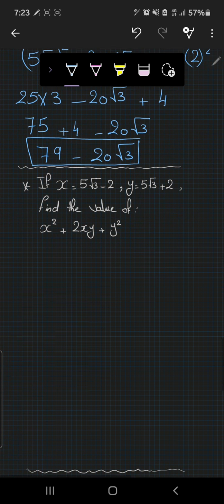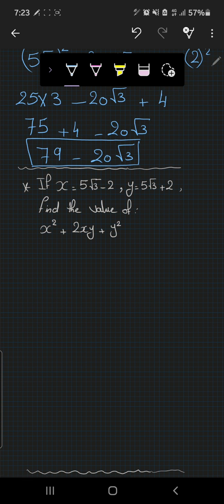Okay, if x equals 5 root 3 minus 2, y equals 5 root 3 plus 2, find the value of x power 2 plus 2xy plus y power 2. What did you notice? x power 2, first power 2, 2 times first times second, plus second power 2.